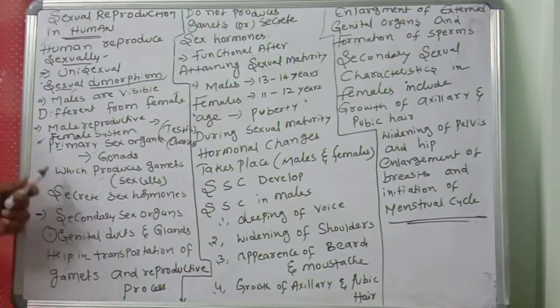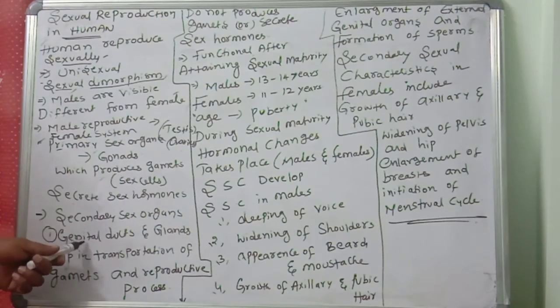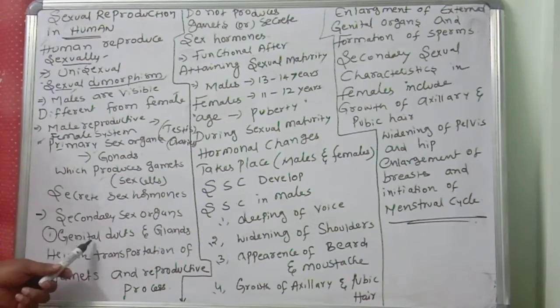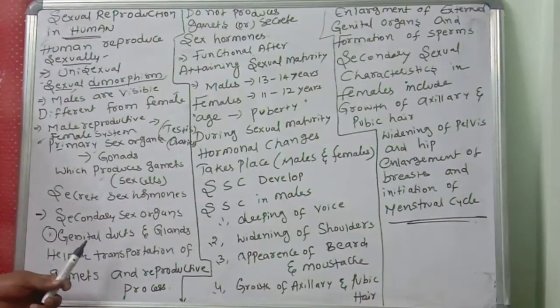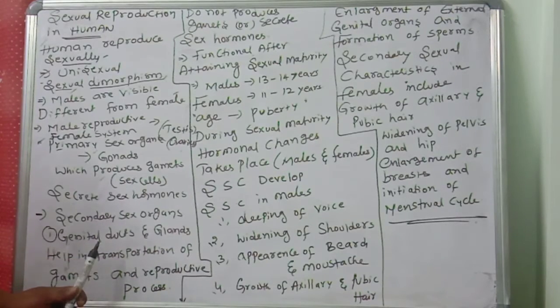These are the primary sex organs, the gonads. What about secondary sex organs? There are genital ducts and glands, which help in the transportation of gametes. What is the use of genital ducts? Vas efferentia, vas deferens, epididymis, and fallopian tubes and uterus are some ducts in the male and female, and some glands are there, like Cowper's gland and prostate gland.